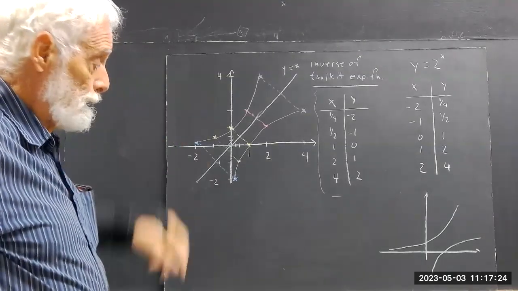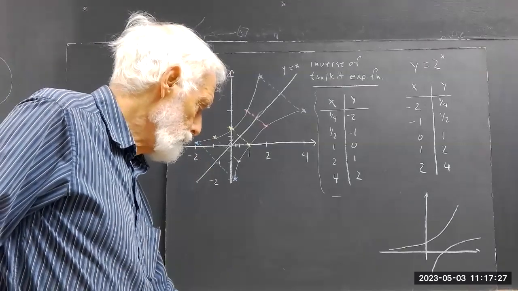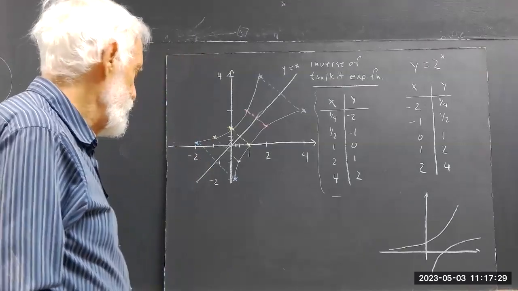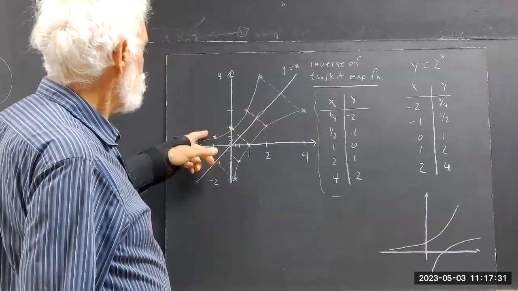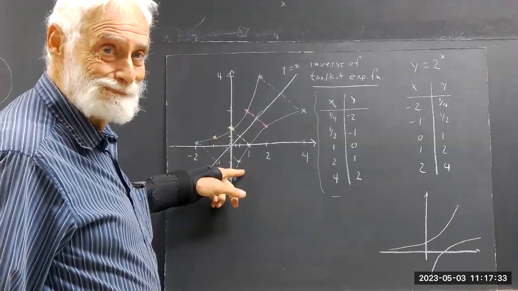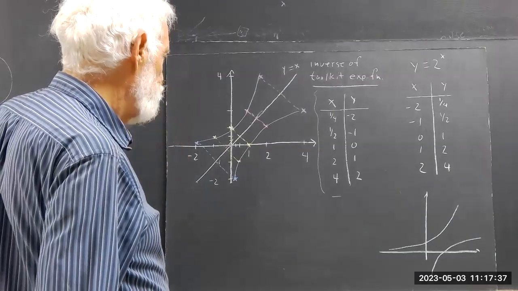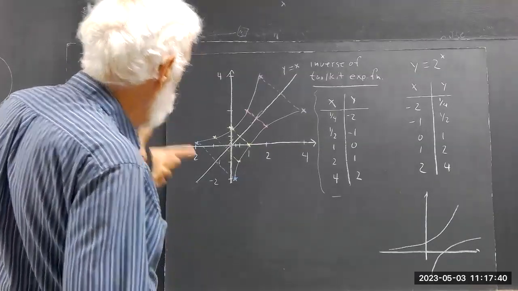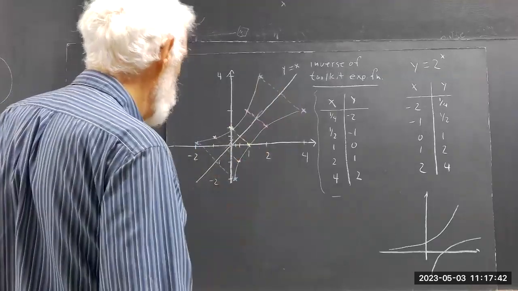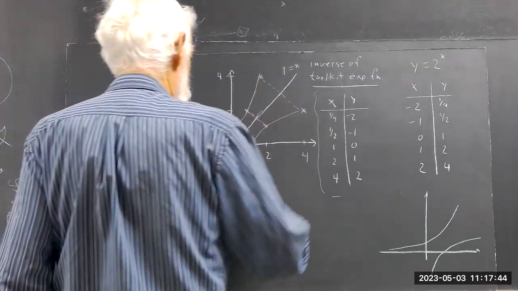It's kind of important to understand that. If this is (x, y), this is (y, x). Okay. Well, let's now just kind of confine our attention to this graph.